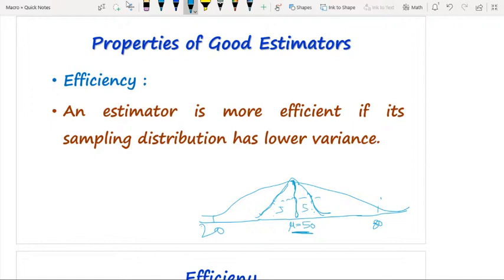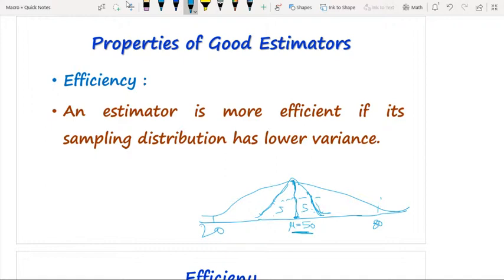In this case also the mean value is 50, so the estimator is unbiased, but the variance of the sample means is smaller than the previous case. So in this case we say that the estimator with this distribution is more efficient.